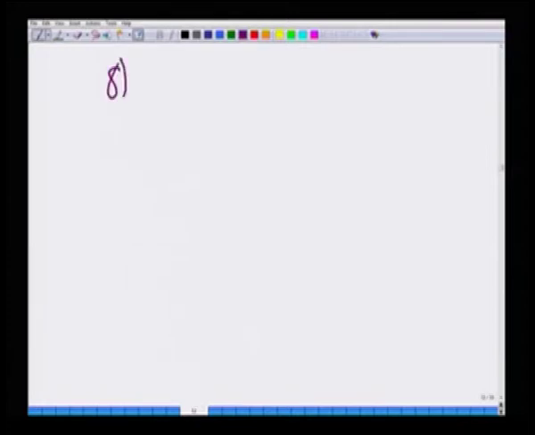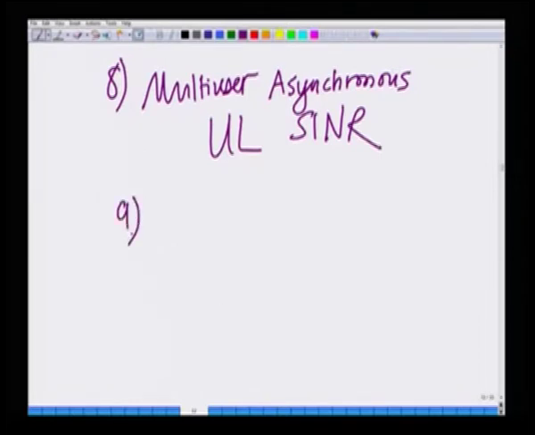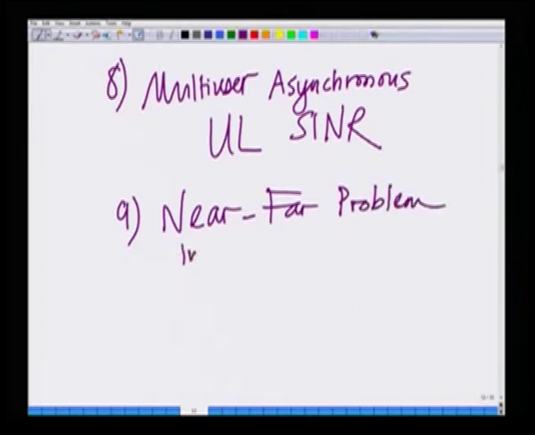We also derived the multi-user asynchronous uplink SINR, and finally we looked at a problem of CDMA systems, which is the near-far problem, where a user who is closer to the base station can drown out a user who is farther from the base station if the power is not regulated. This leads to power control.